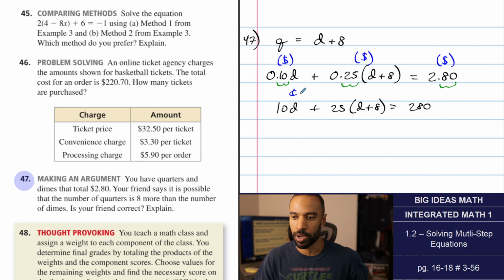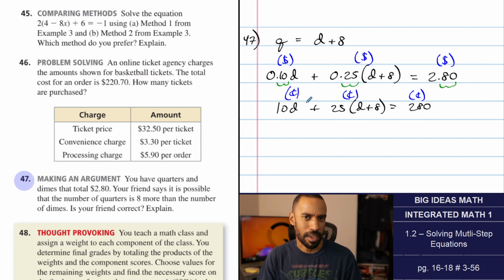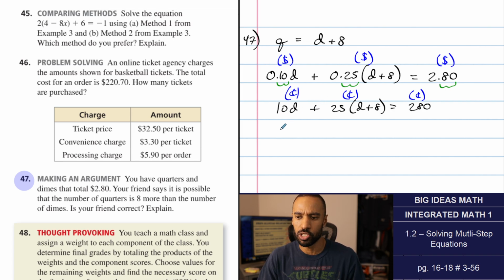So now it's a cents equation. Cents, cents, and cents. All I'm saying is no more decimal. I could divide by 5 as well, right? There are a lot of things you could do here. That's where you want to work the math to your advantage. It's kind of your call, your question. 25 times D plus 25 times 8.